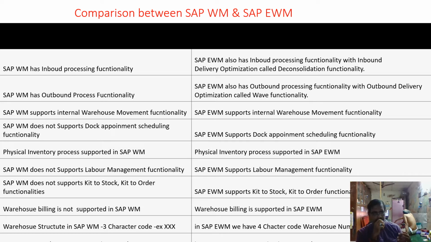If anyone is getting freed up, he will get an assignment of stock placement or a picking operation, so that there are no disputes between the contract labors. Otherwise one person is overloaded and one person is sitting free. Those kinds of issues would not occur if we had labor management, but that is missing in SAP WM. So that is what we are creating, SAP print on demand.